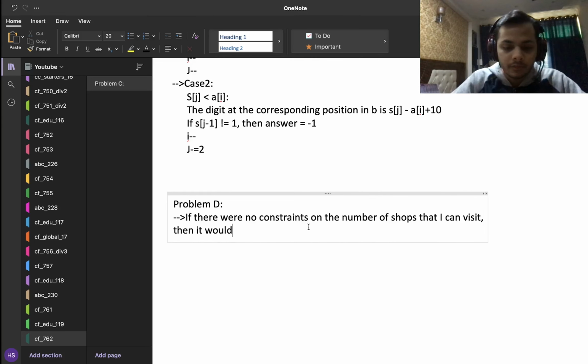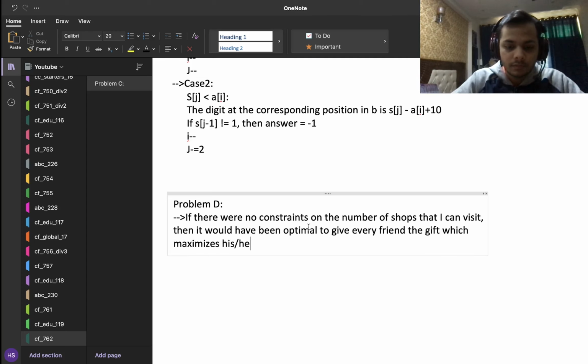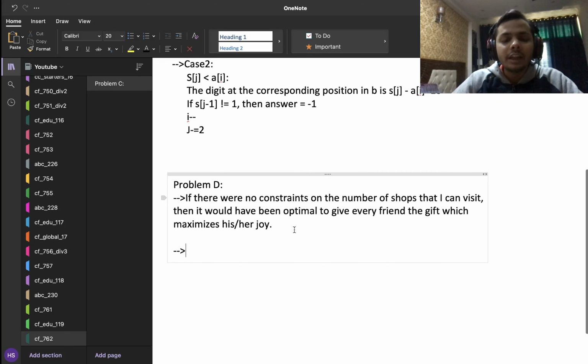Then it would have been optimal to give every friend the gift which maximizes his or her joy. Right? Makes sense. But the only problem which might arise is that while doing this, I might visit more than n minus 1 shops.